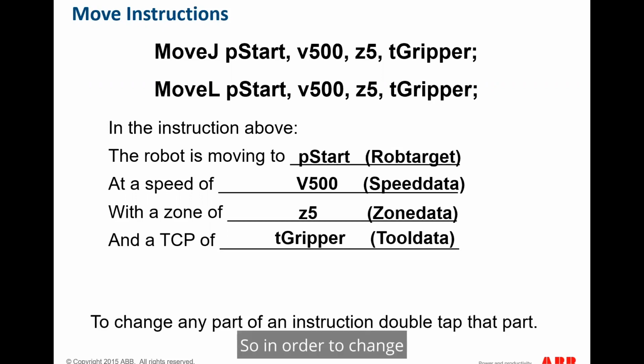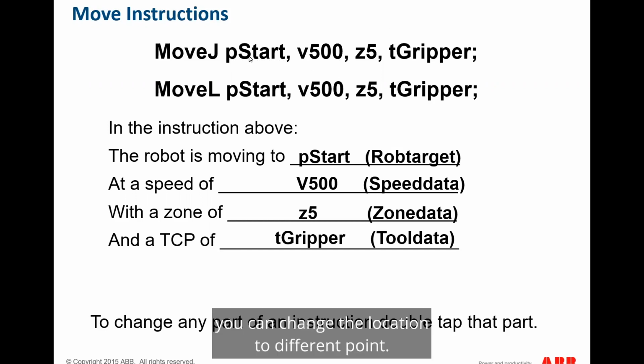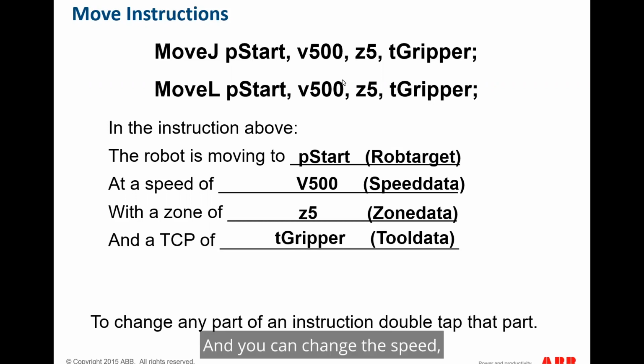In order to change any of the parameters, you can change the location to a different point, the speed, the zone, even the tool. Once you double click, you have the choice to make the change.